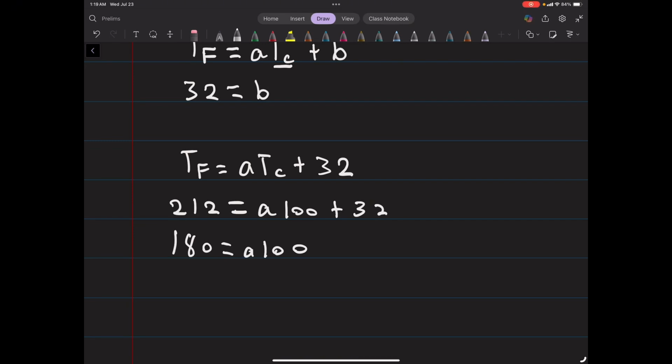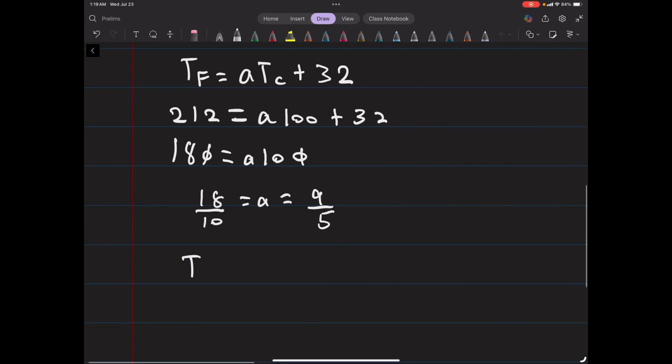And then we can do this. So we have 18 over 10 equals A. This is the same thing as 9 over 5. Okay. So then T_F equals 9 over 5 T_C plus 32.